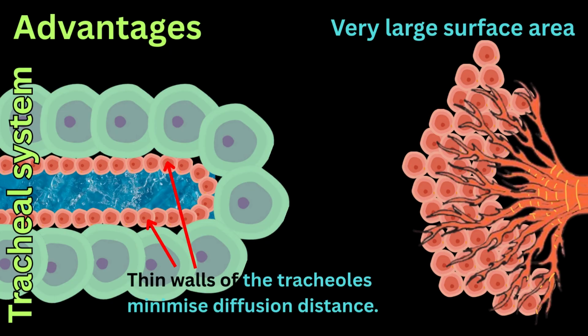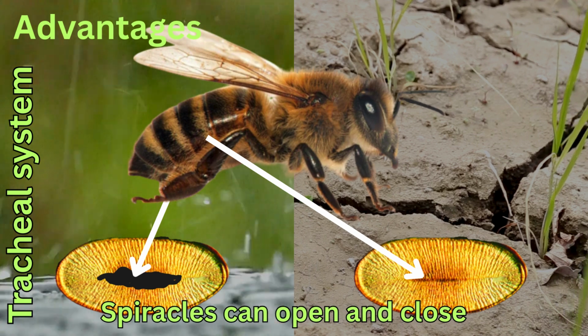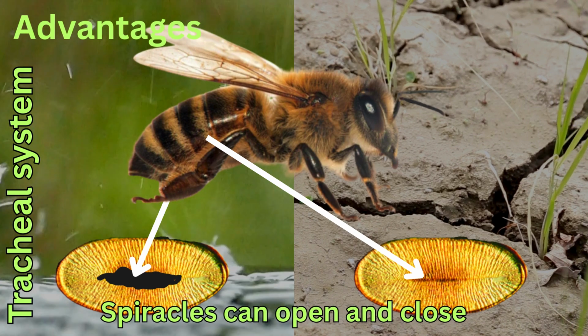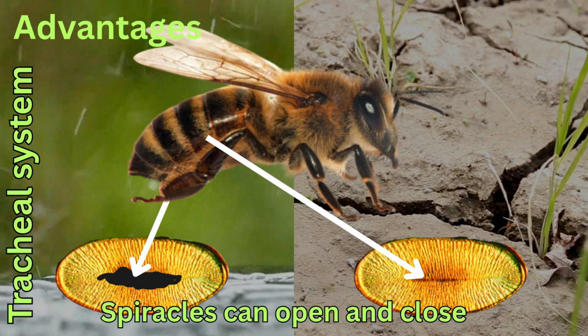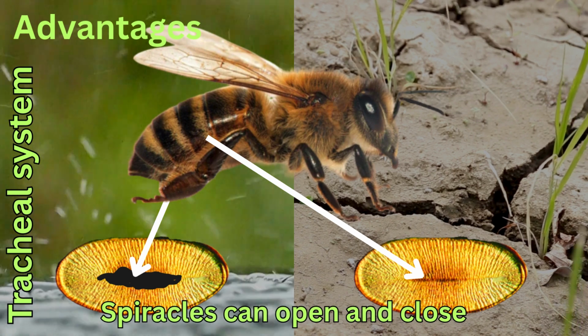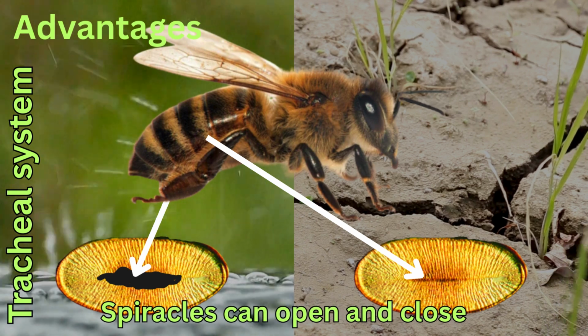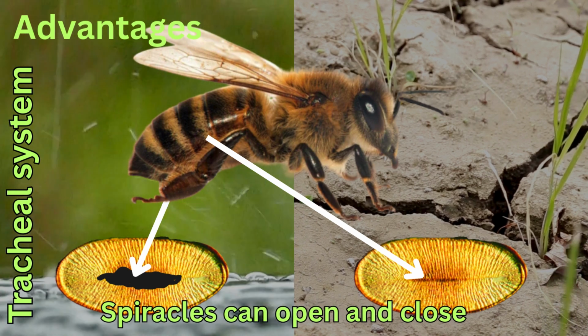The branching network of trachea and tracheoles provides a very large surface area for diffusion, and the thin walls of the tracheoles minimize diffusion distance. Spiracles can open and close, allowing insects to regulate gas exchange according to their oxygen needs while reducing water loss, a critical adaptation for living on land.